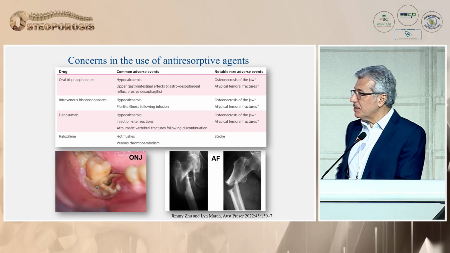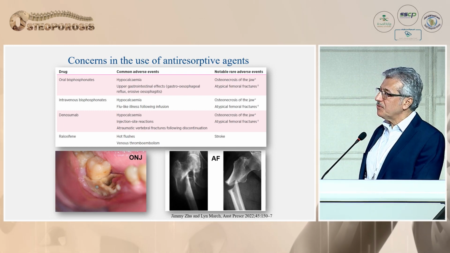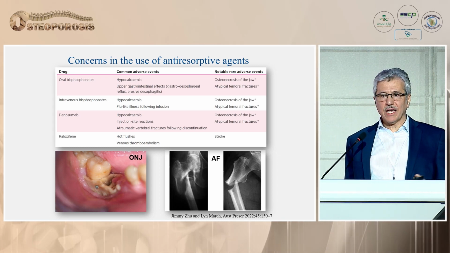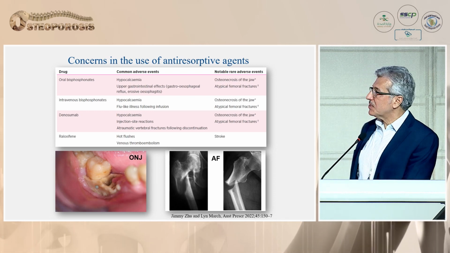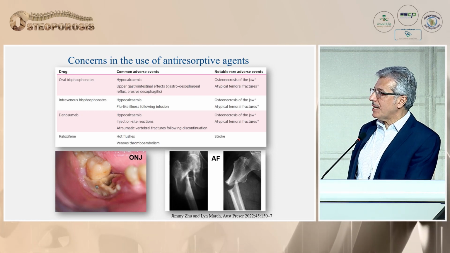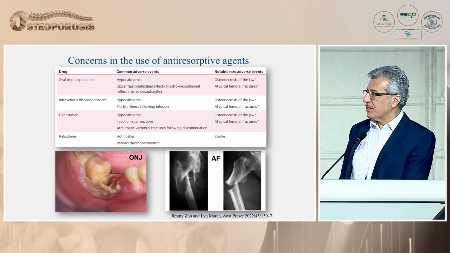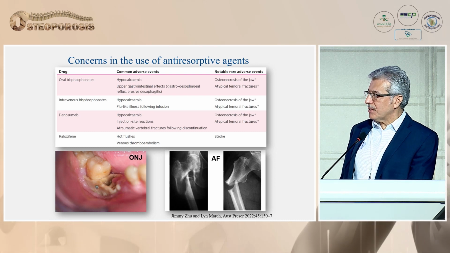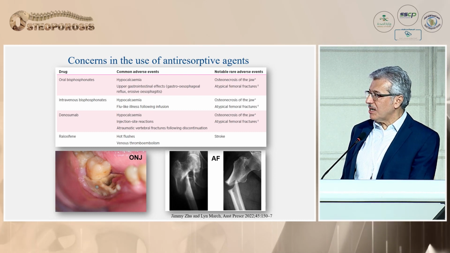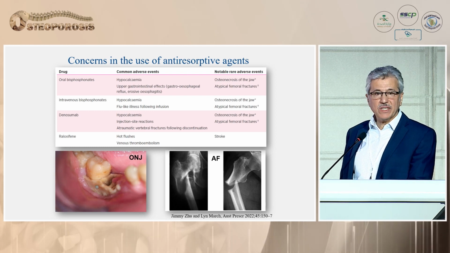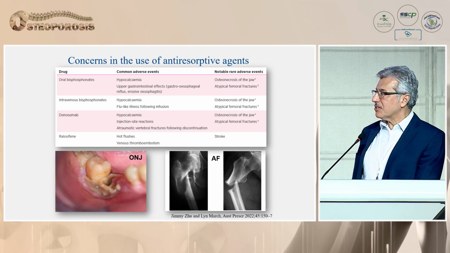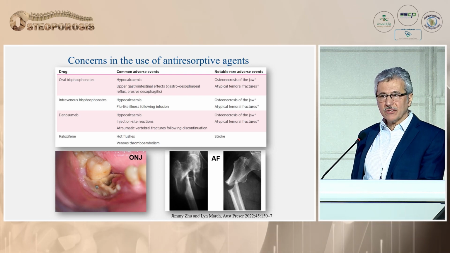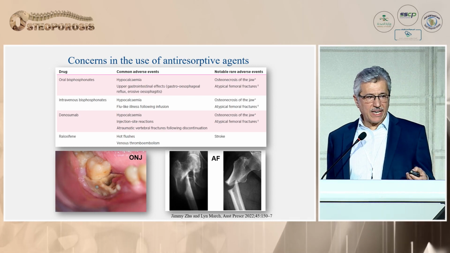Now, as you see here in the picture, this is what we call atypical fracture and osteonecrosis of the jaw. Those are rare events that happen with bisphosphonates and sometimes denosumab. However, they are extremely rare. Osteonecrosis of the jaw is necrosis that can happen in the jaw, especially for those who have dental issues that need to be cleared before using a strong anti-resorptive. Fortunately, it's extremely rare, and it shows mostly in patients who have cancer.